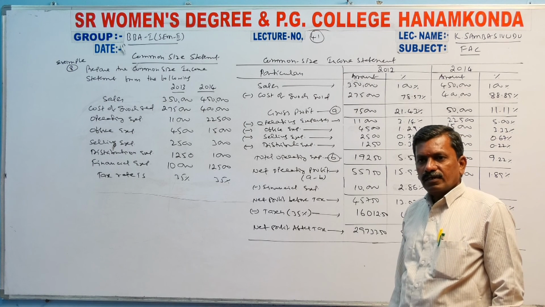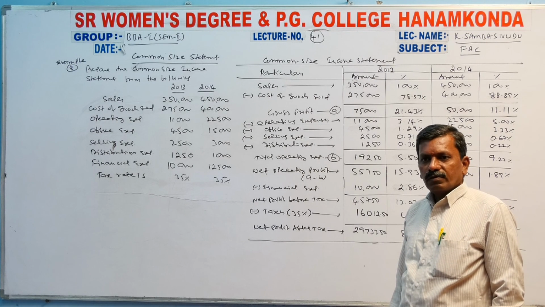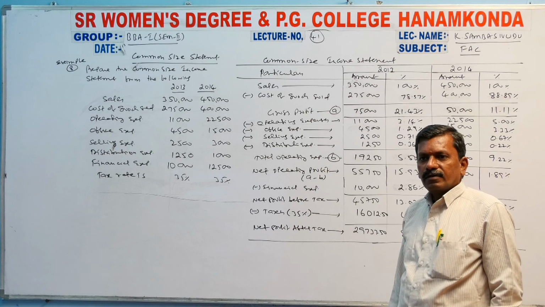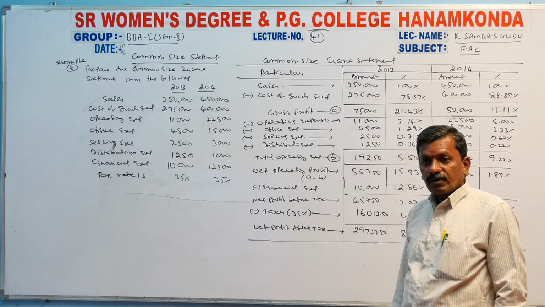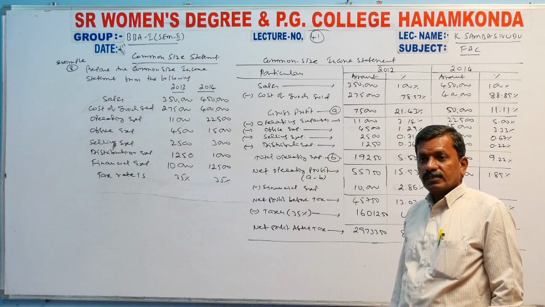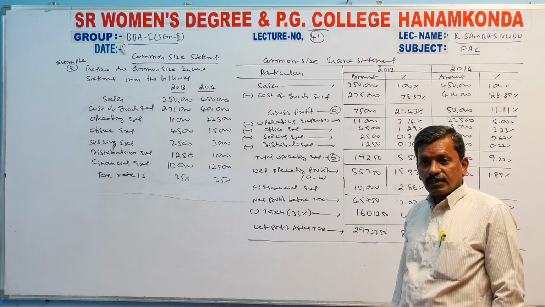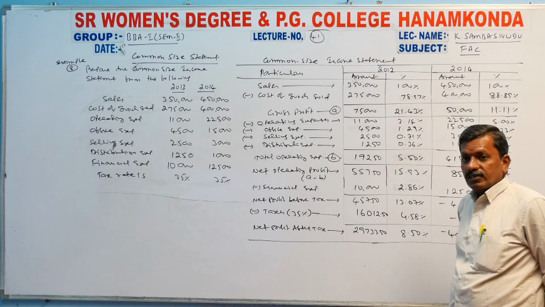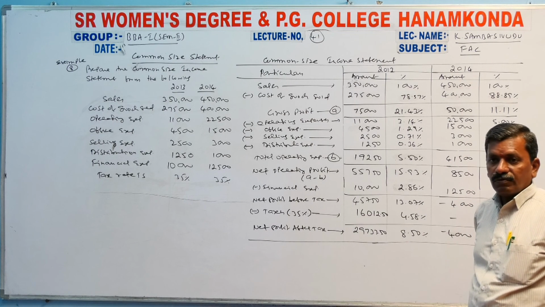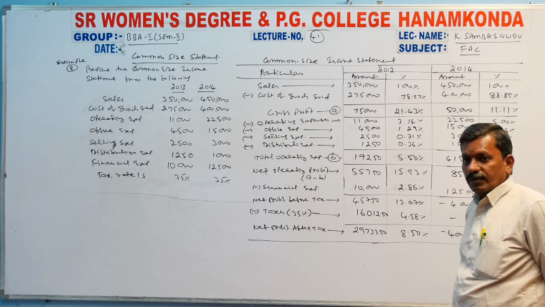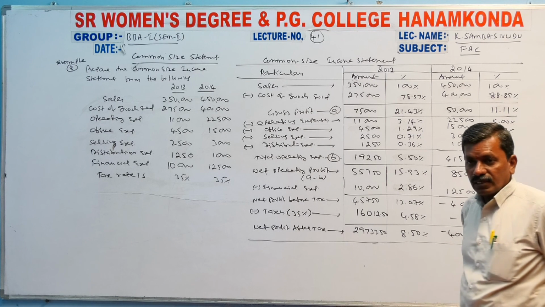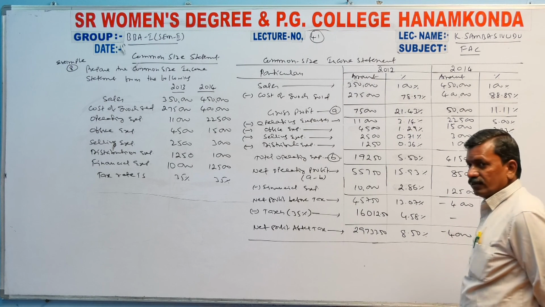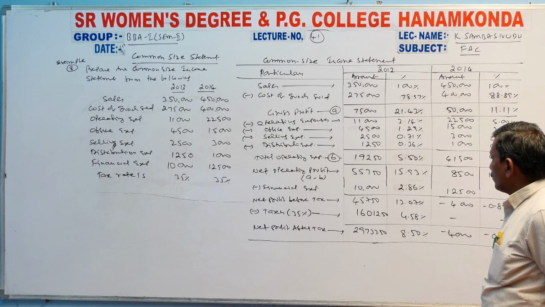From that, the cost of goods sold is 78% in the previous year and 88.89% in the current year. Then gross profit is 21.43% and 11.11%, and operating expenses, office expenses, selling and distribution expenses individually we have seen. The total operating expenses are 19,250, that is 5.5%, and the net profit is 8,500 rupees.